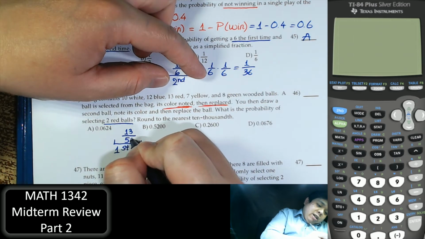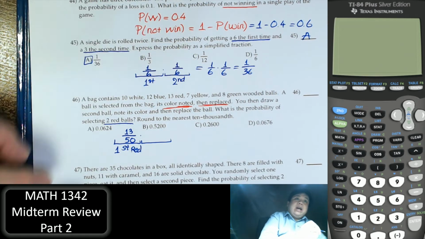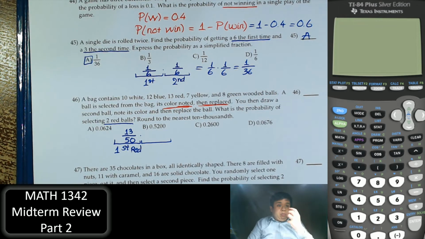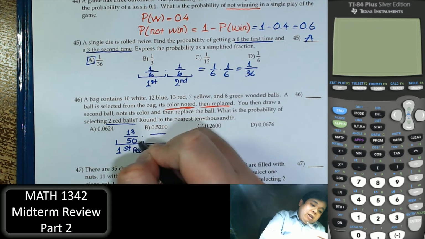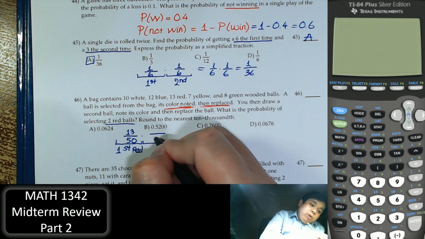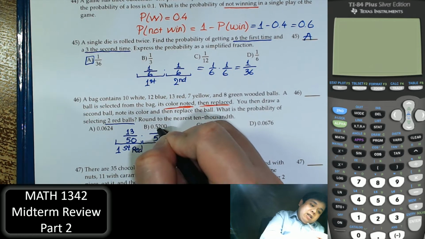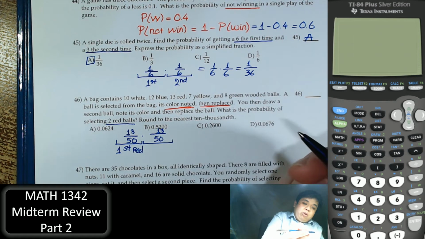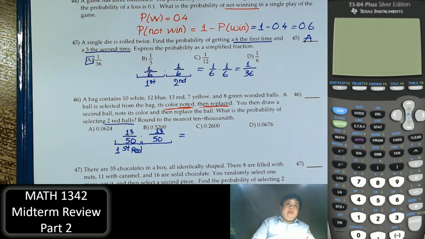So the first red is 13 out of 50 chance, and then we see the color and put it back. For the second red, because we do not throw the ball away, we still have 50, and there are 13 red. So we have 13 over 50 times 13 over 50.